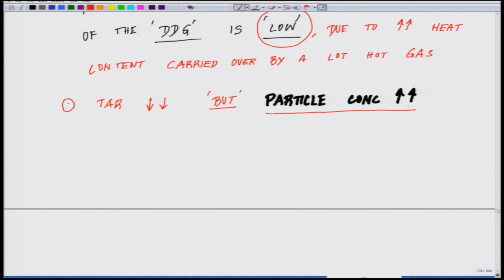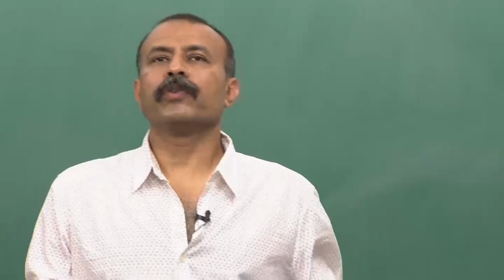So, it is always a very big trade off. And there is a huge amount of ash which is created in the system. This is the fundamental difference between updraft and downdraft gasifiers. These are the two basic gasifiers which are being used.